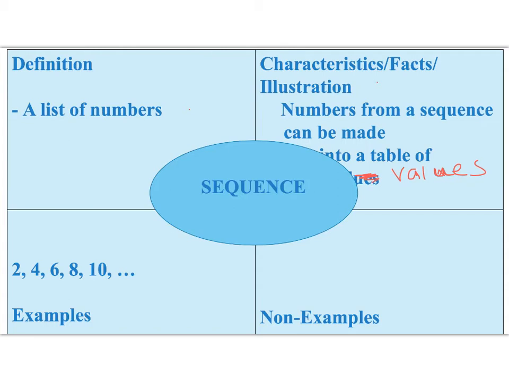So we have this very common, very familiar sequence of 2, 4, 6, 8, 10. Generally, sequences can go on forever, so the dots mean that it continues.